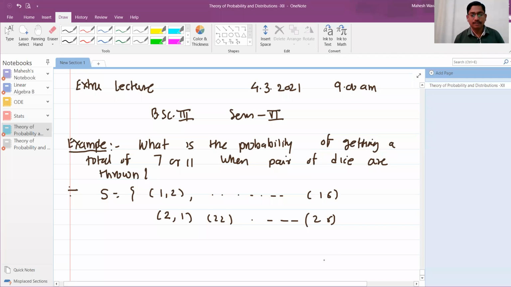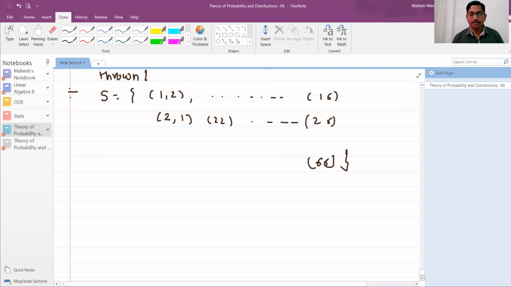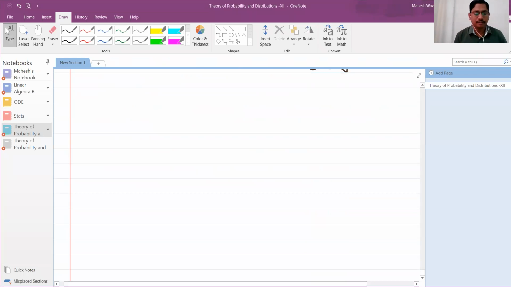Likewise, you get the last as 6,6. So the number of elements in this sample space is 36, and each is equally likely to occur. So 1 by 36 is the weight for everyone. It is not mentioned, so if a pair of dice is tossed, every outcome has a unique weight. Everyone has the same weight.